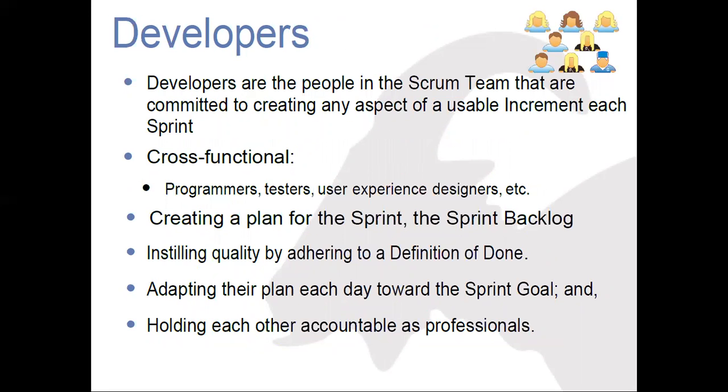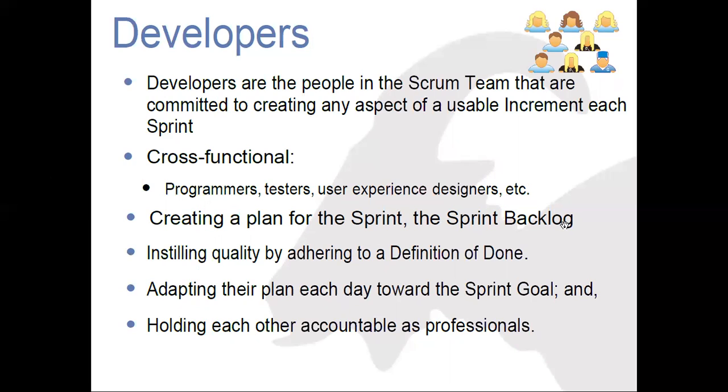So now let's come to the developers. Developers are the people in the Scrum team that are committed to creating any aspect of a usable increment each sprint. The developers are cross-functional. They are programmers, they can be testers, user experience designers, BAs, etc. Creating the plan for the sprint backlog.